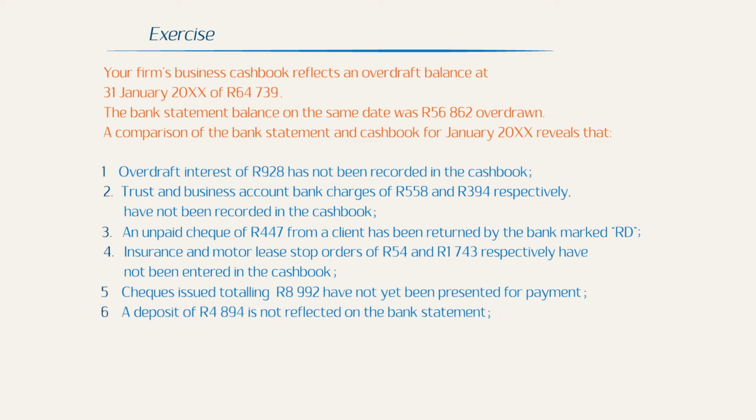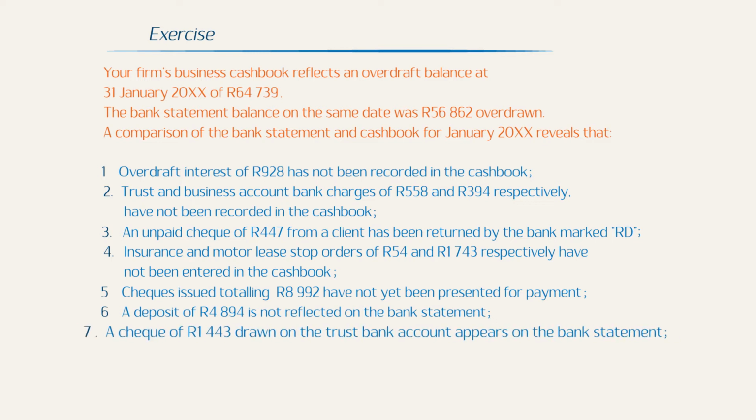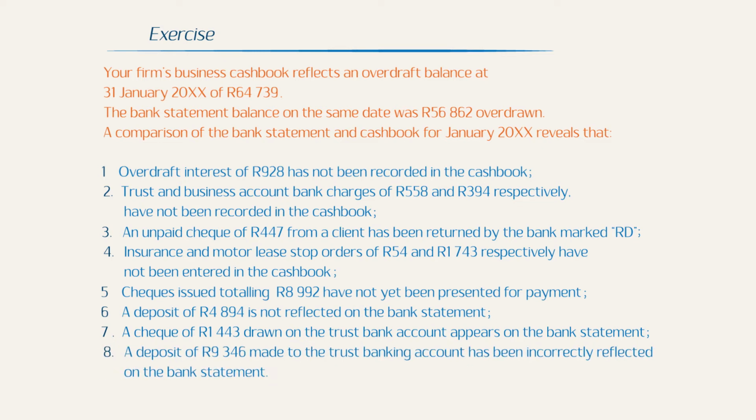A deposit of 4,894 Rand is not reflected on the bank statement. 7. A check of 1,443 Rand drawn on the trust bank account appears on the bank statement. 8. A deposit of 9,346 Rand made to the trust banking account has been incorrectly reflected on the bank statement.